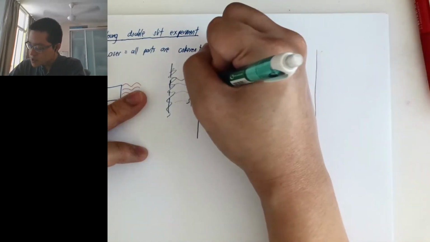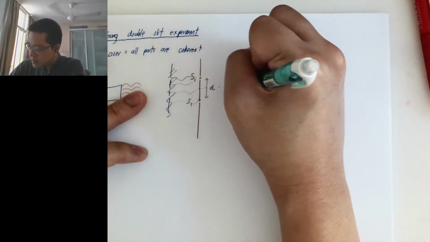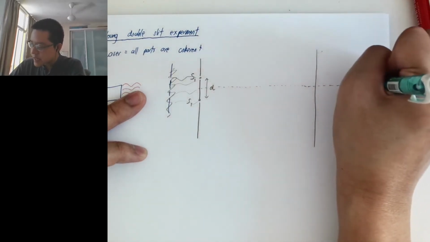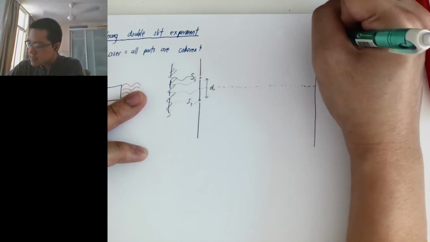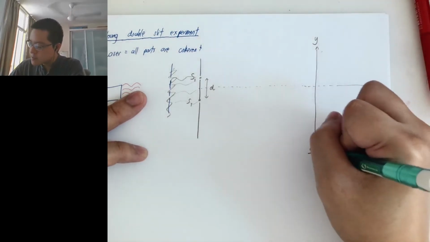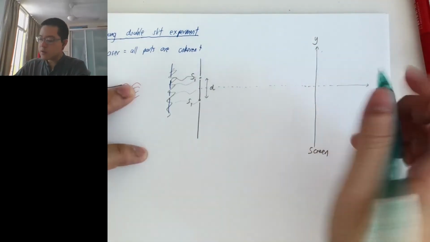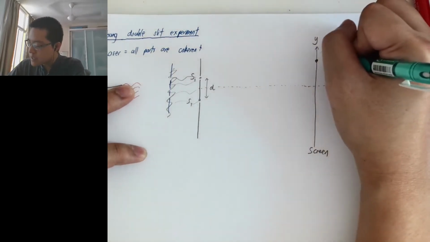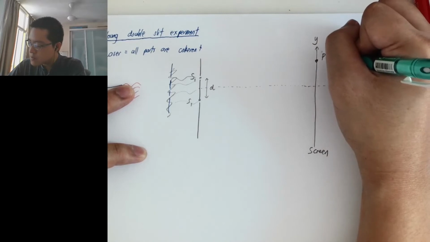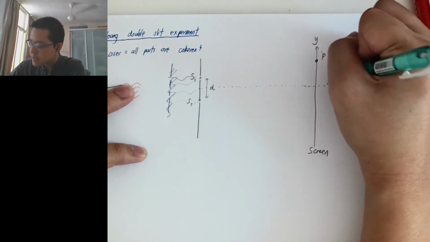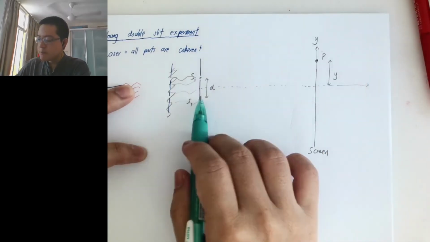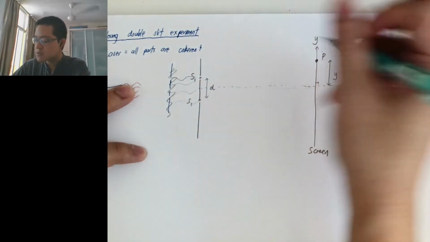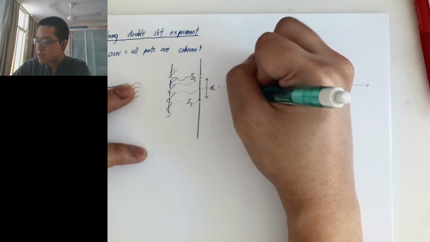Okay, so I shine this on the screen, and the screen will be my y-axis. So this is my x-axis, this is my y-axis, right? This is my screen. If I have a light shining on, let's say, my point P, then my point P is at y equals some number, some height from the axis. This middle point, this midpoint horizontal line that is perpendicular to the screen, is usually what people call the optical axis.